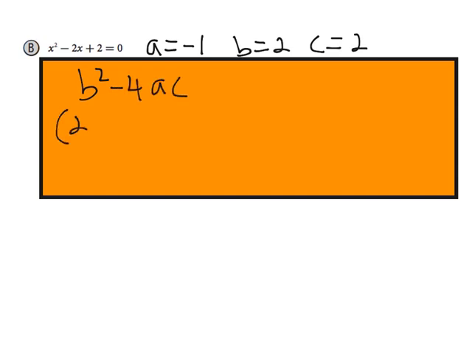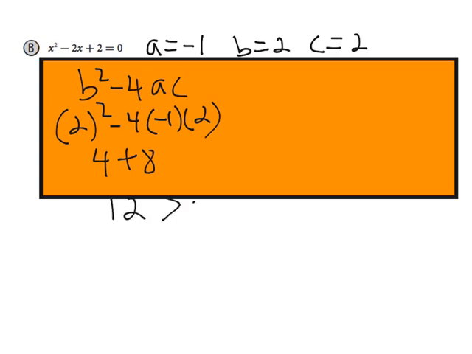So we do 2 squared minus 4 times negative 1 times 2. This gives us 4, and negative 4 times negative 1 is positive 4, times 2 is positive 8. So that equals 12, which is greater than 0. So once again, we have two real solutions.